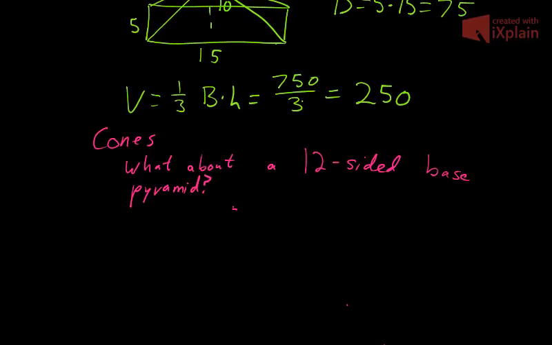So, to get my 12-sided base pyramid, there'd be 1, 2, 3, 4, 5, 6, 7, 8, 9, 10, 11, 12.